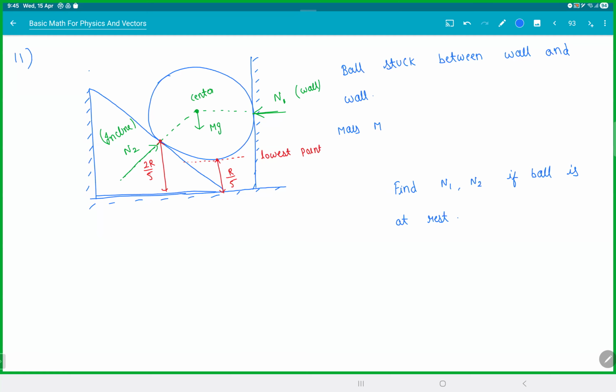Radius of the ball is r, mass m. So this ball got stuck between an incline and a wall. The wall is pushing with N1, the wedge is pushing with N2. So N2 is at an angle. The point where the ball touches the incline is at a height of 2r by 5. The lowest point of the ball from the ground is r by 5. Using this data, you have to find N1 and N2.